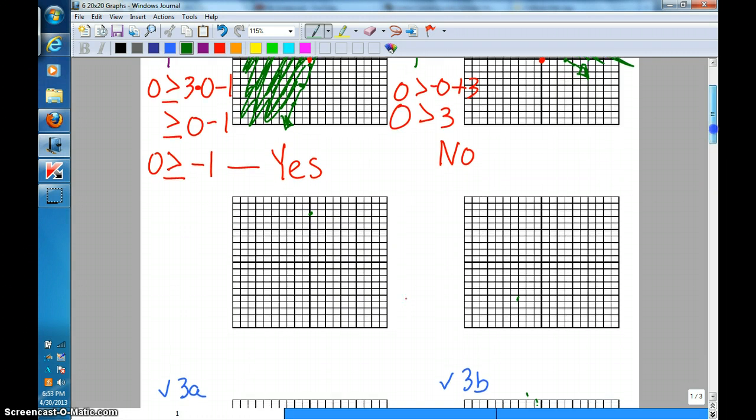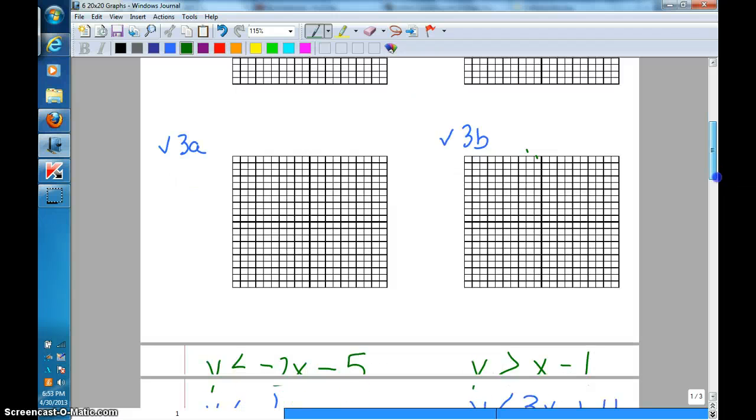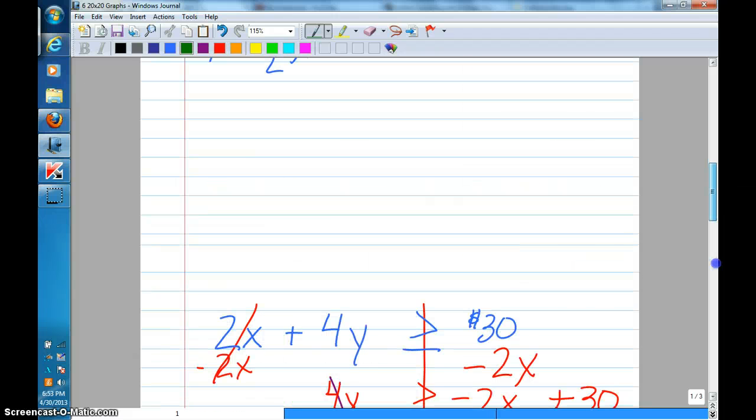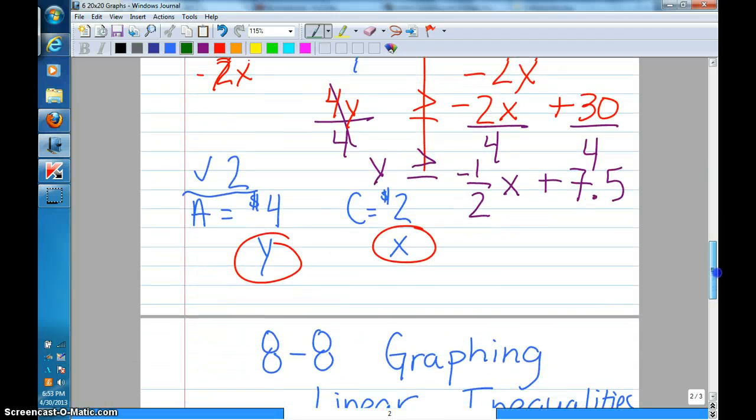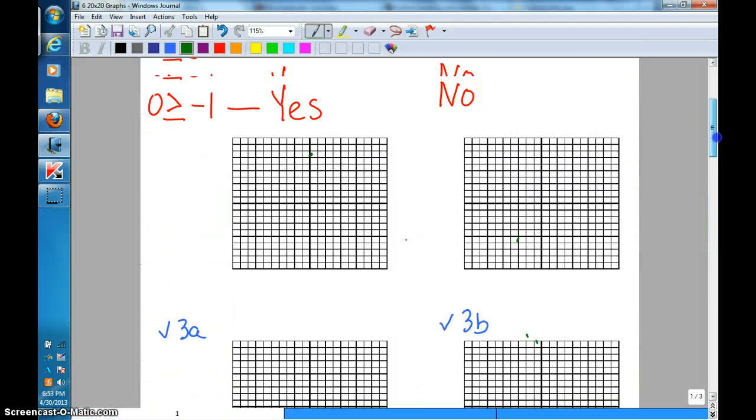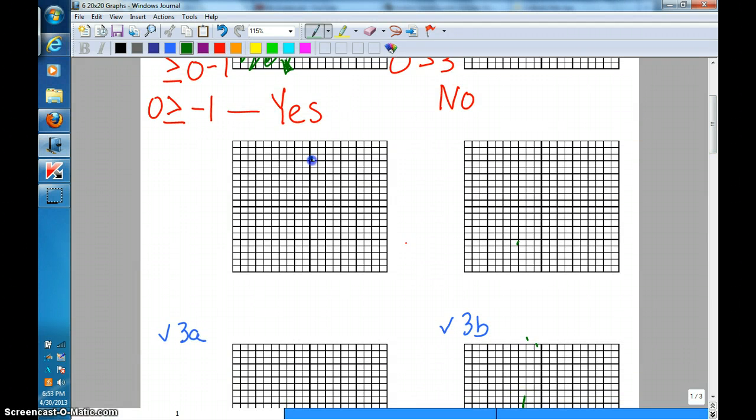Okay, the slope was down 1 over 2, because it was negative 1/2. So I'm going to go down 1 over 2.